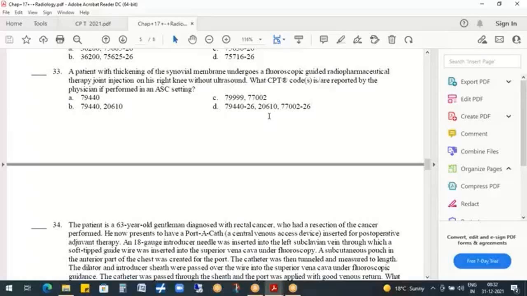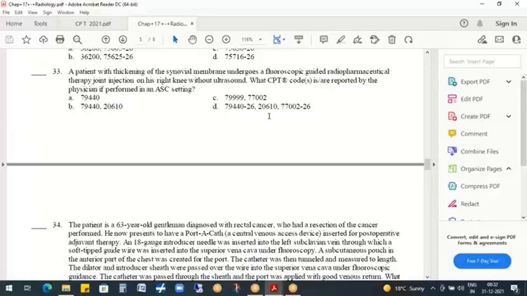It is used for interpretation and supervision.